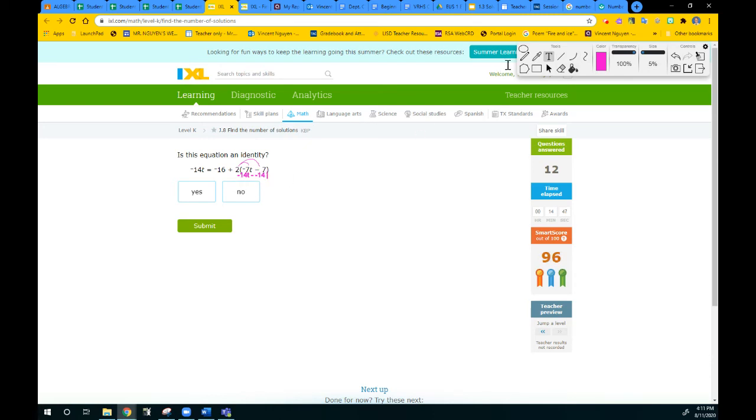So now we know this will cancel with this, right? And so the negative 14 and negative 14, I have 0 left over here. So I have 0 on the left hand side. Well, this side is actually not 0, it's negative 30. So this is not an identity. So I'm going to say no.